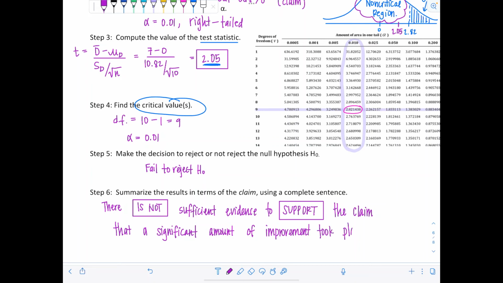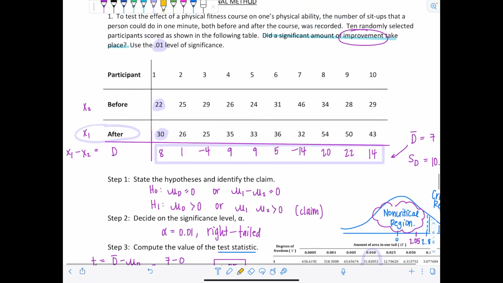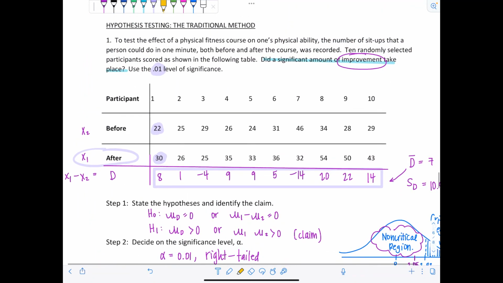And I want you to kind of study this sentence a little bit because it is so telling. There is not sufficient evidence. I mean, maybe a significant amount of improvement did take place in their physical ability, but they were just measuring the number of sit-ups they could do, for crying out loud. I think you need a more robust test, right, to assess your physical ability.